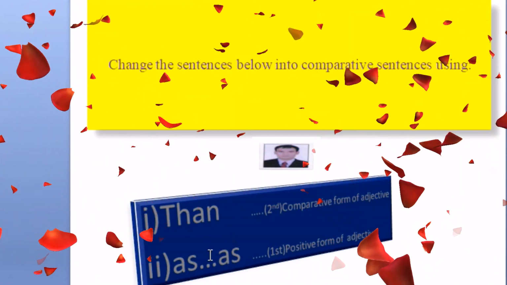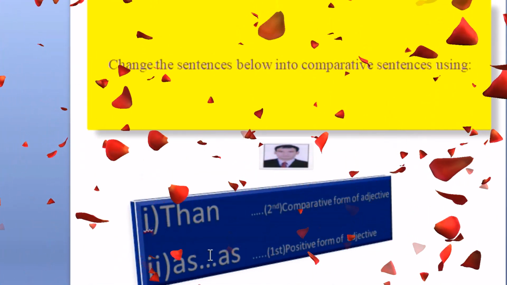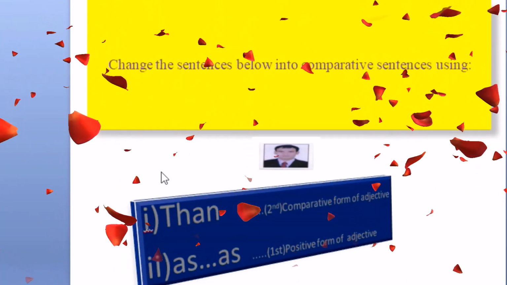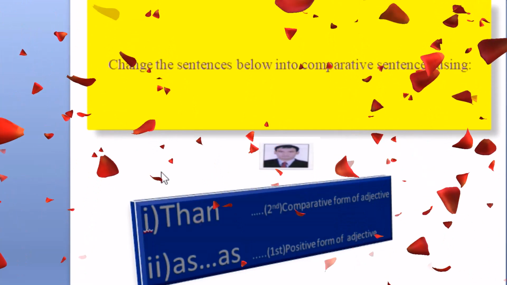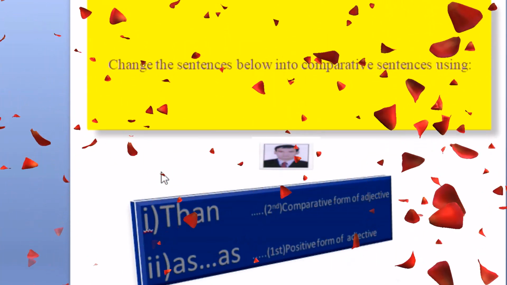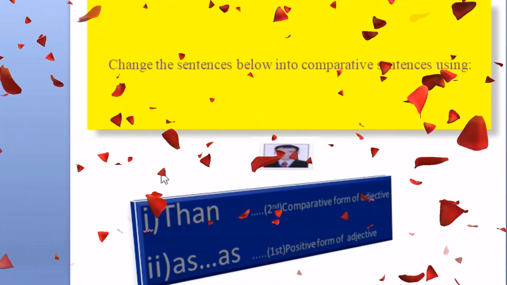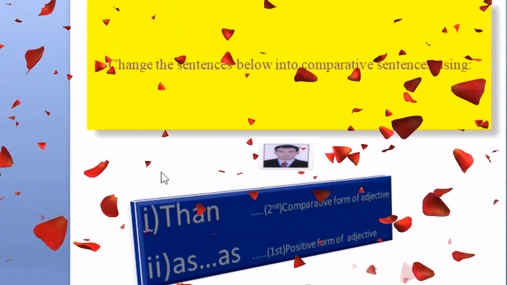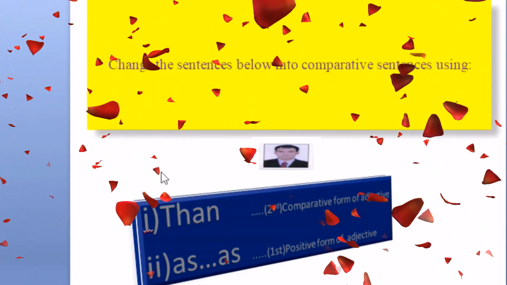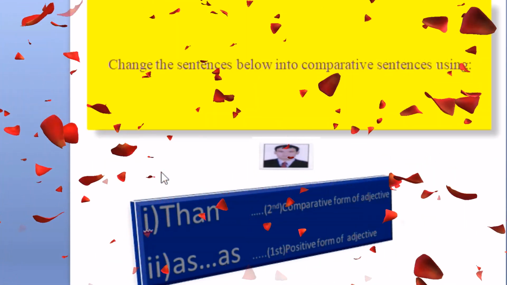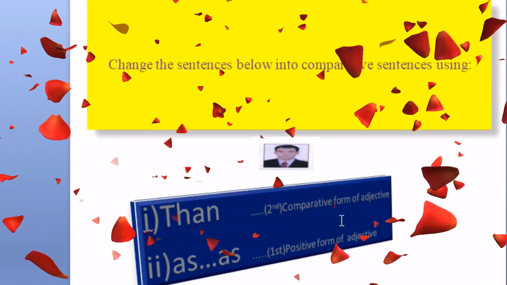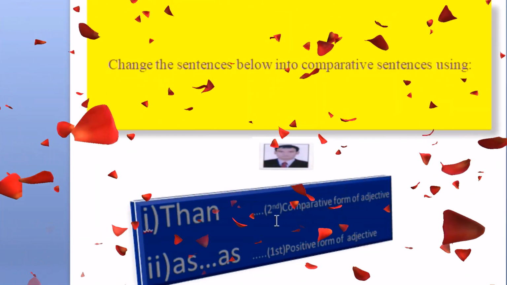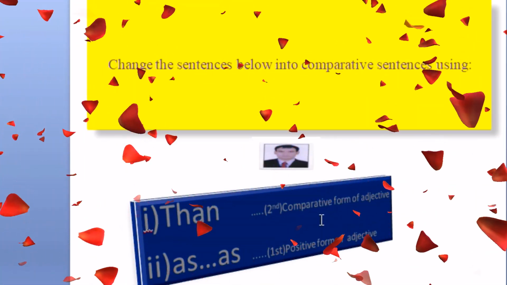Change the sentences below into comparative sentences using "than". If you use "than" in number 1, you must use "than" in number 1. While writing comparative sentences, we often use "than", as you know. With "than", please use the second form of adjective, that means the comparative form of adjective.